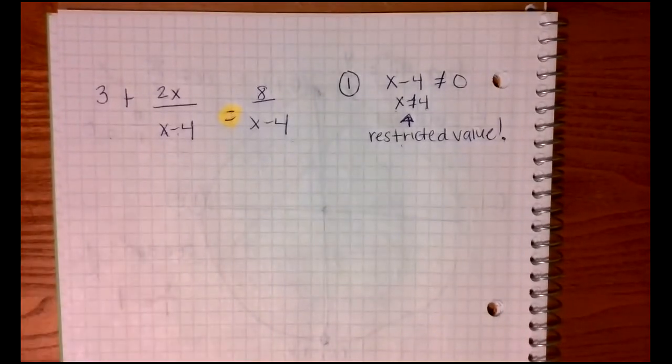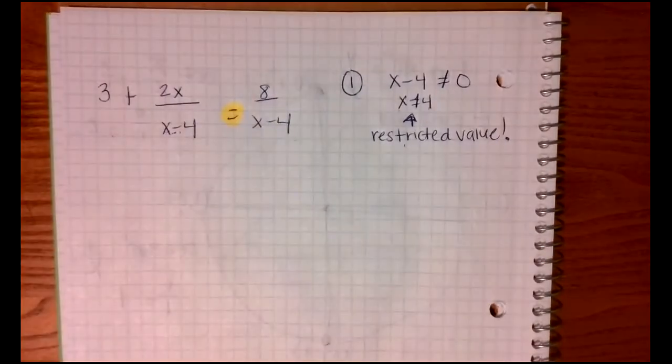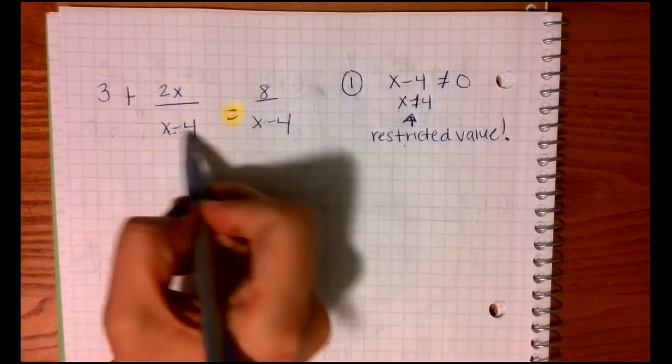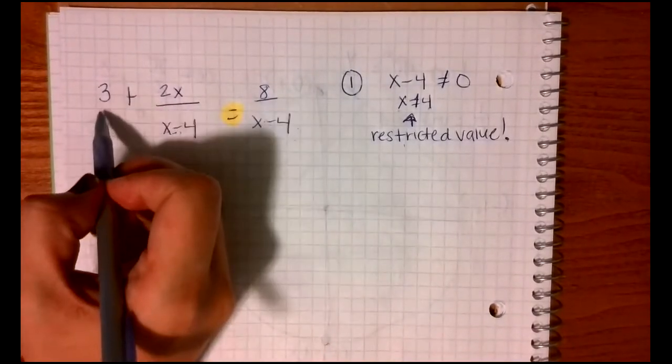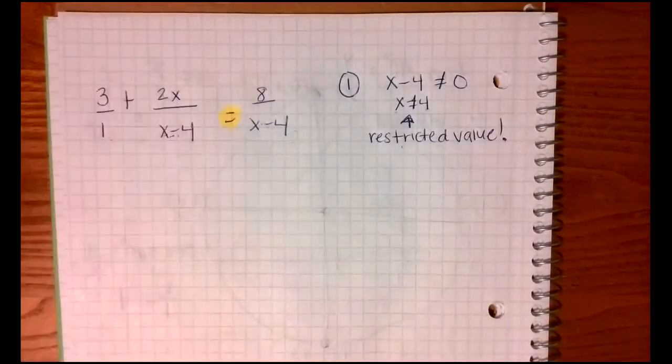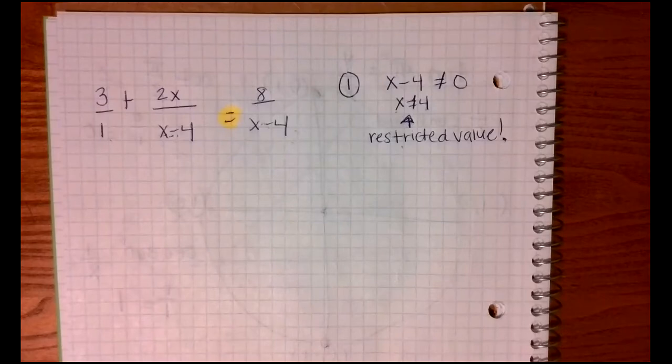All right, so now we're ready to actually solve. You're going to do something similar to yesterday where you look at your denominators. The equations are usually a little easier. I can see this fraction has a denominator of x minus 4. So does this one. So I need to make this fraction also have a denominator of x minus 4. And right now its denominator is 1.